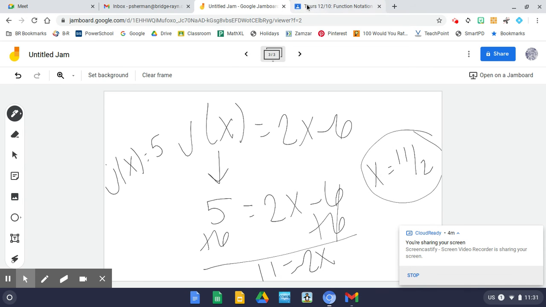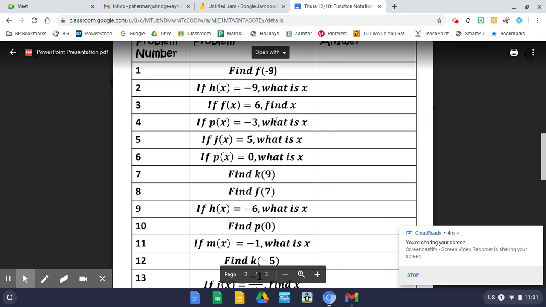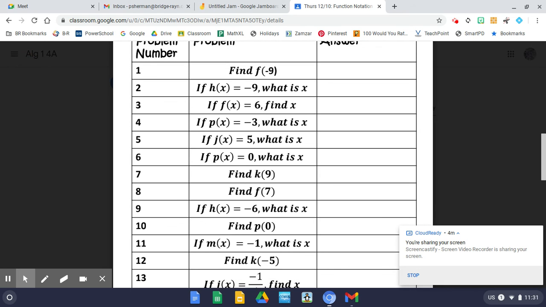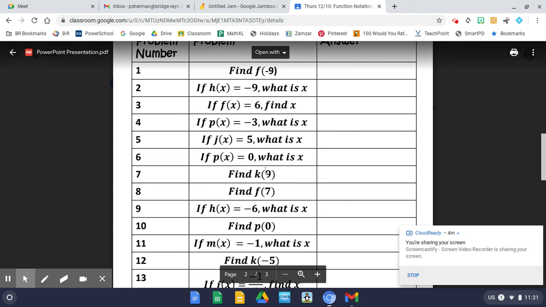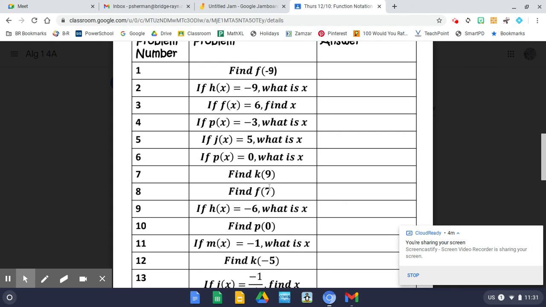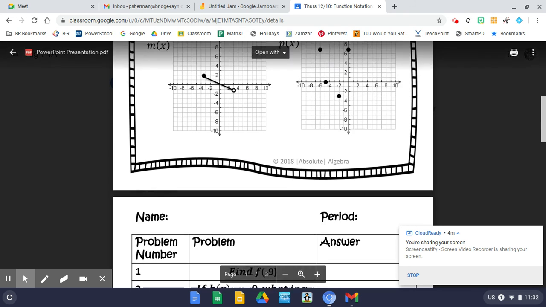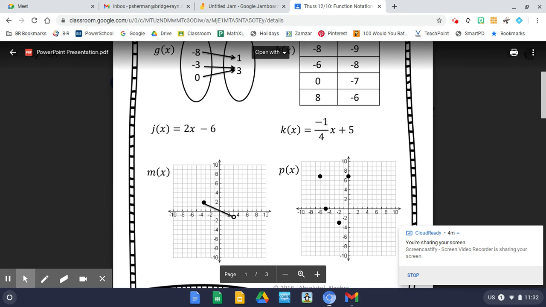So it really is just trying to do your best to read and remember, and always labeling off to the side might be helpful, whether you have an x, like these, you have inputs, right? So these ones you have x, you're finding the output. These ones you have the output, you're finding the input. I know we're looking at different ways to look at it, but just do your best.